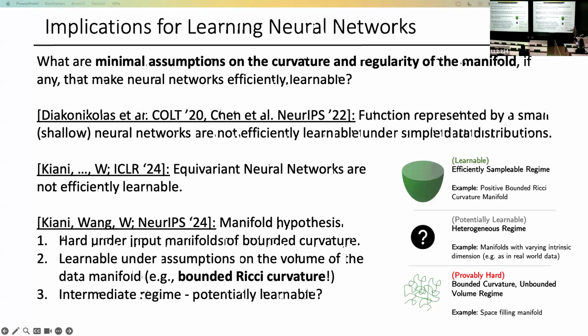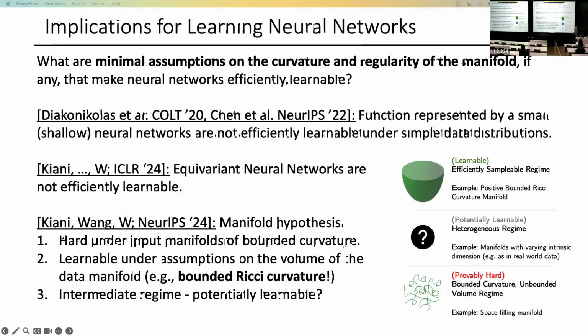In this line of work, we were interested in understanding what kind of geometric structure might be able to get around this, might remove those fundamental limitations. The first thing that we looked at is equivariant neural networks. Those are neural network architectures for learning on symmetric data. Graph neural networks that we've seen earlier would be one example where the domain is permutation invariant.